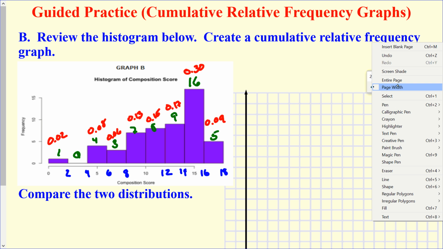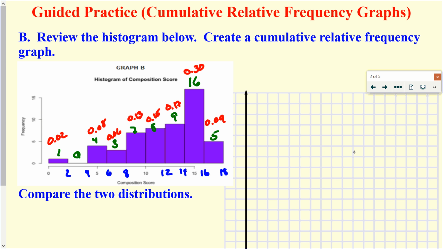Okay, let's go ahead and do our cumulative, so our summation, one after adding them up, one after the other. So this one is still 0.02. Adding 0 is still going to be 0.02.